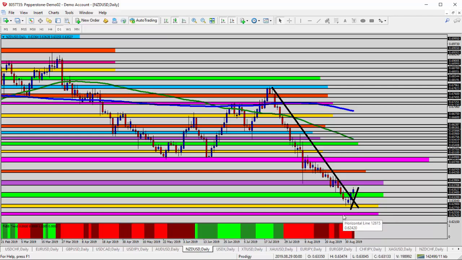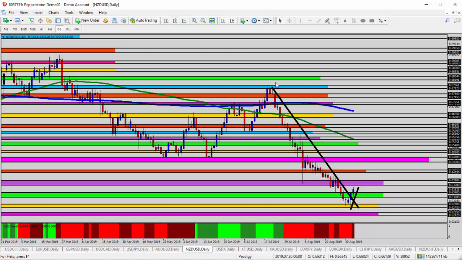So what I'm saying is it's a difficult place, in my opinion, to be selling or going short on the New Zealand dollar. The question is, how much longer can it persist with this downtrend before having some correction or pullback? And I think we may be starting to see signs or evidence of some correction or pullback in the most recent price action just this week.